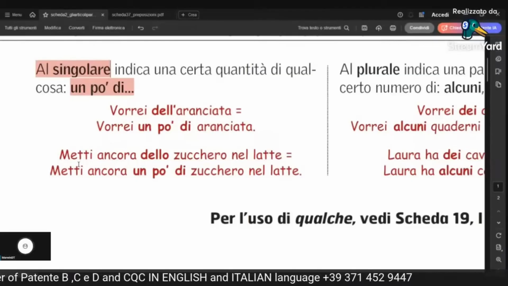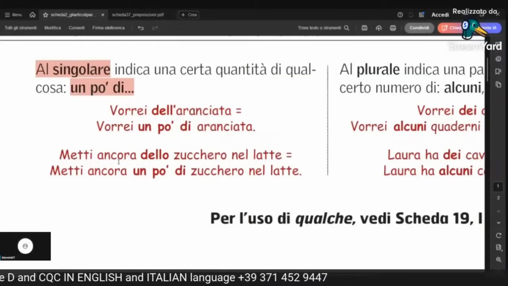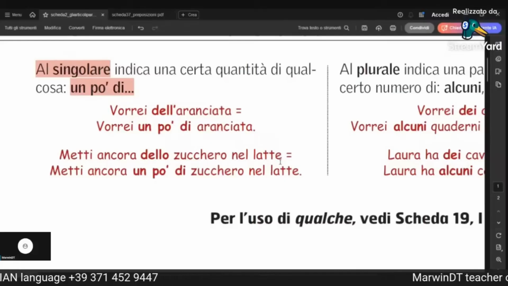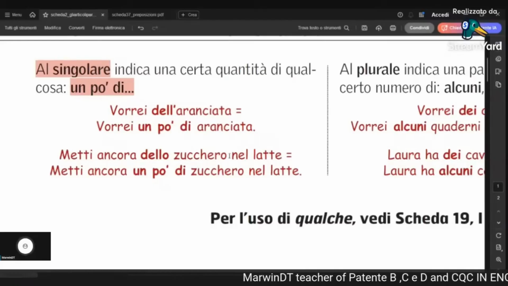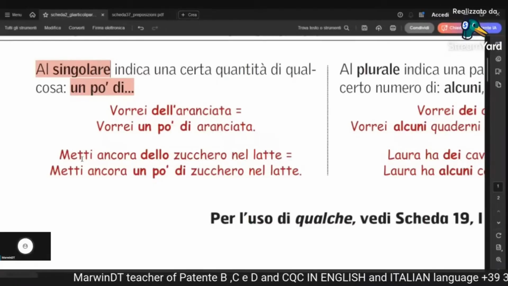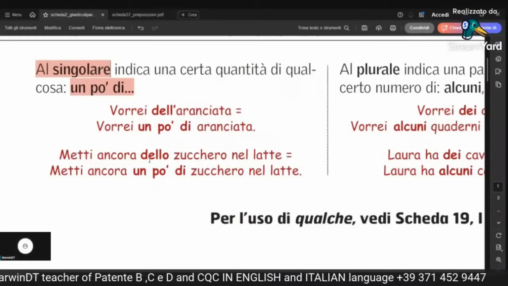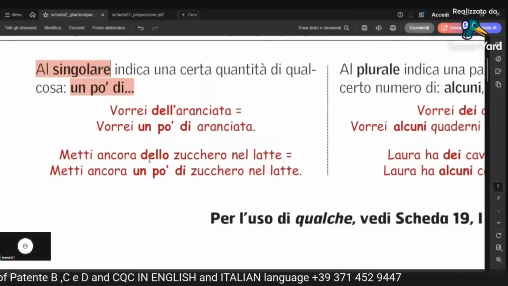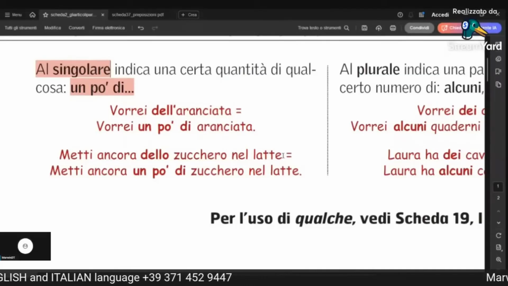Moving forward, we have metti ancora dello zucchero nel latte. Meaning put sugar in the milk, but does not tell us how much.